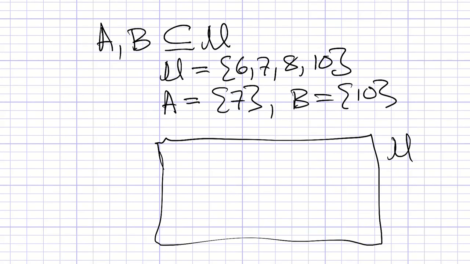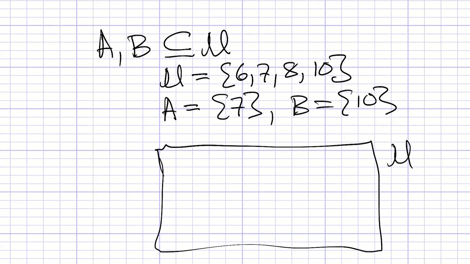Okay, let's do another example. Look at that one there. Set AB has a universal set. I've drawn the universal set, and it is defined there: 6, 7, 8, 10 are the elements of the universal set. And see how A is defined, how B is defined, and we want to represent that using a Venn diagram.